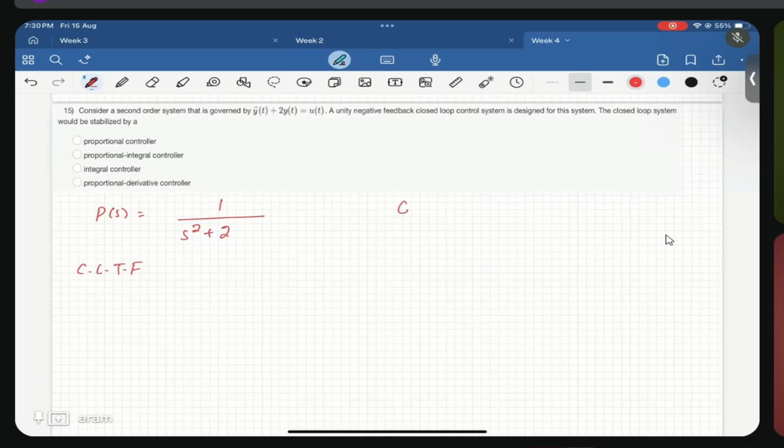Consider the controller as C. So it will be C by s square plus 2 divided by 1 plus C by s square plus 2. Because we have to identify the controller, I have taken the generalized controller as C. Then you will get C over C plus s square plus 2.